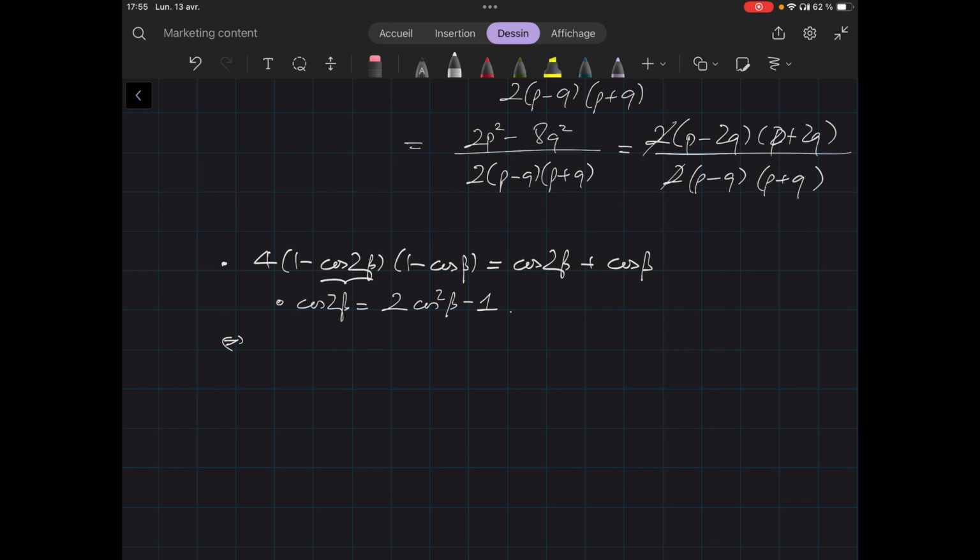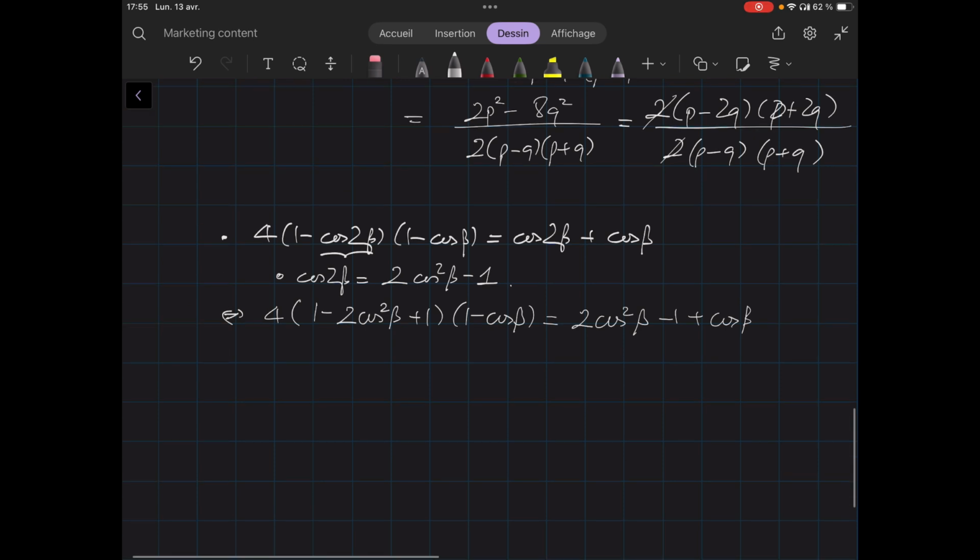This equation now becomes... and the reason why I suggested doing this is because if we factor the 2 out from this, we would get 1 minus cos squared of beta on the left-hand side.